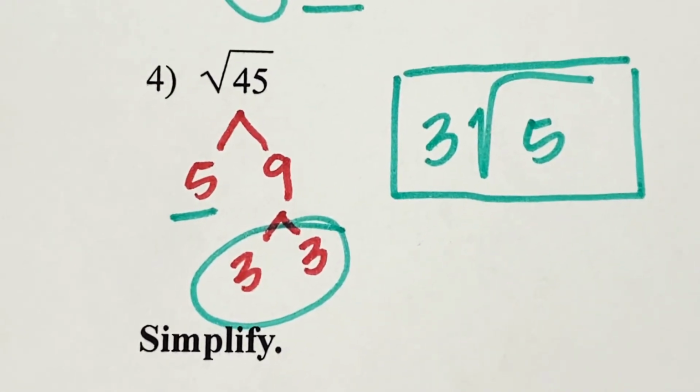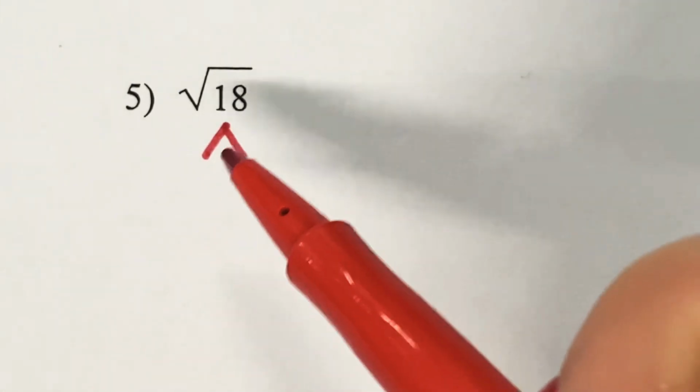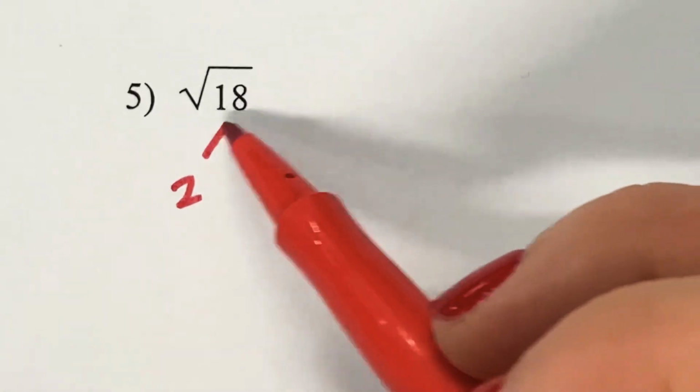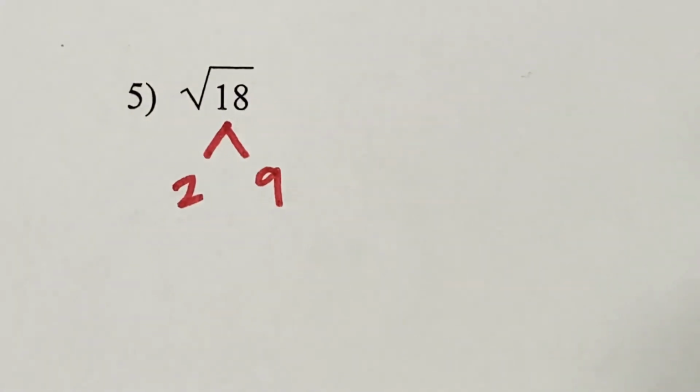Okay, let's look at number 5. So I have root 18. Okay, so it's not a perfect square. That's okay, we know we can start dividing it down. So how do we want to divide 18? It's an even number, so I know I can divide it by 2. 18 divided by 2 is going to give me 9.